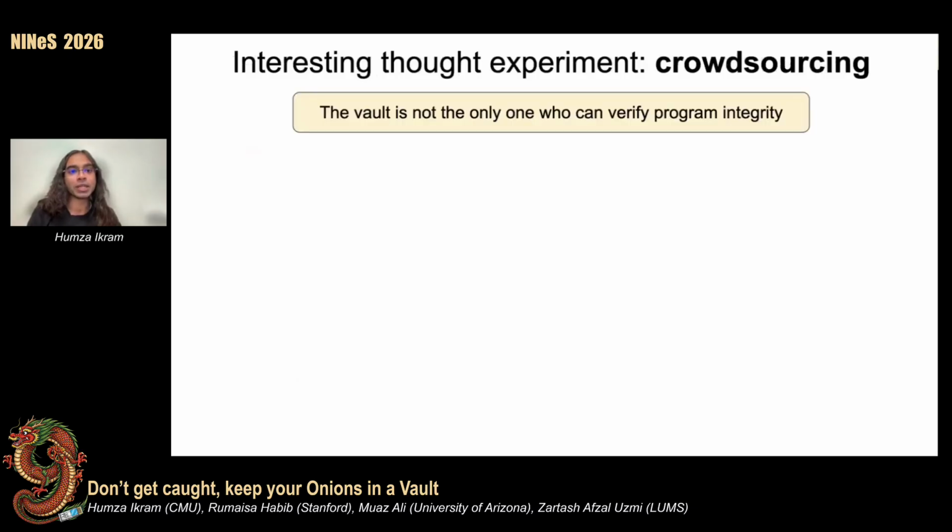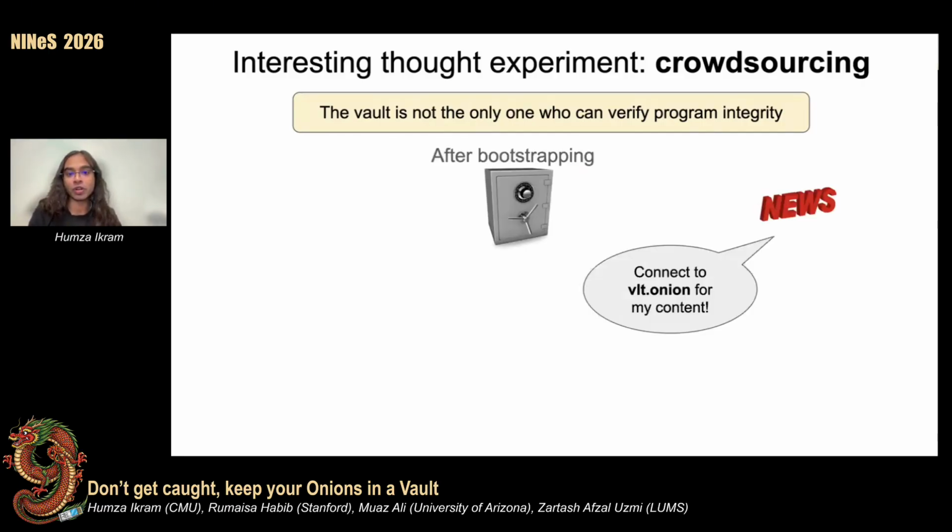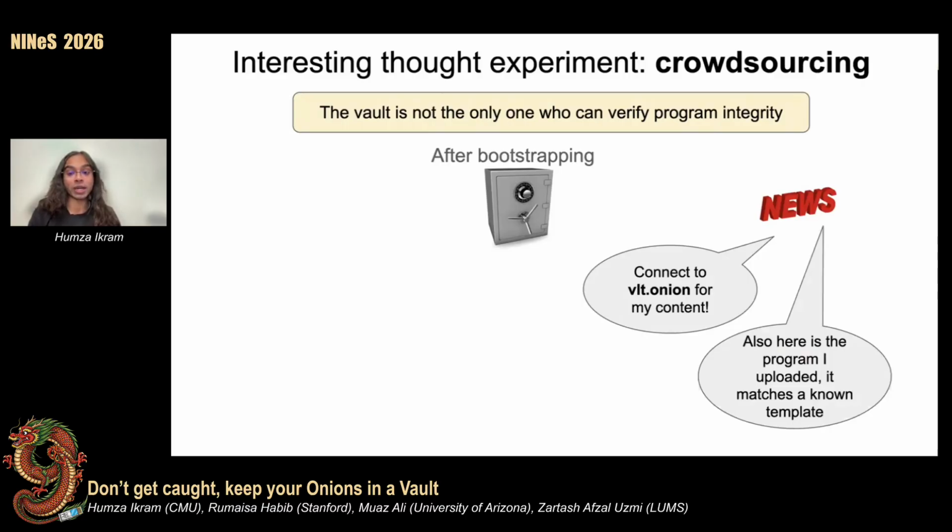Or some other things, like currently you basically have to trust Google or Amazon with the code they're running. But in this architecture, the vault is not the only one who can verify program integrity. After you've done bootstrapping exactly like before, the content provider can also just say, hey, this is the program I uploaded, it matches a known template, and then they can leave.